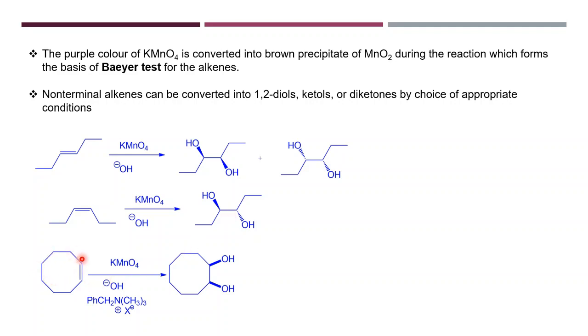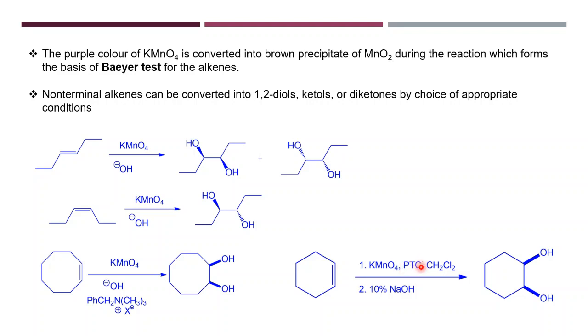Now over here we have a cyclooctene in which we are using KMnO4 along with a phase transfer catalyst, and since the stereochemistry here is cis, it leads to the formation of a meso compound which will have a plane of symmetry passing right through these two bonds as I am showing.